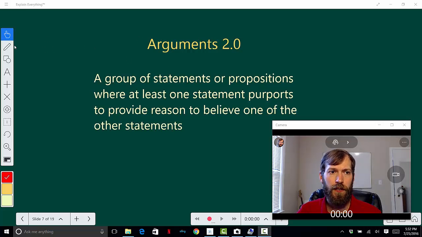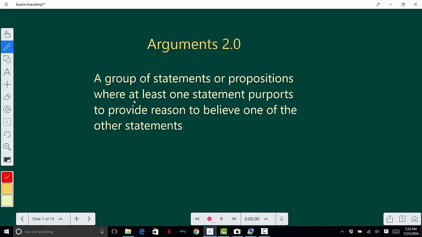Since a statement is the kind of thing that can be true or false, the truth of this at least one statement, and maybe more statements, is supposed to provide the reason for this other statement to be true.